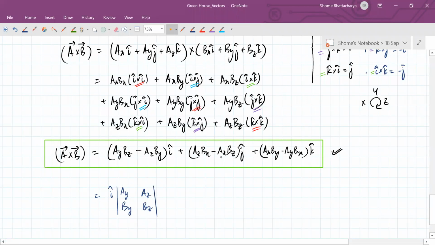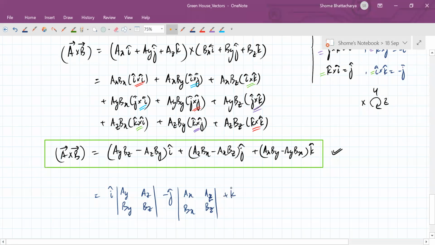And if you take the minus J cap outside, this will become AX AZ, BX BZ. If you don't take the minus sign, then this will be in reverse order: AZ AX, BZ BX. So that's how the minus sign comes.